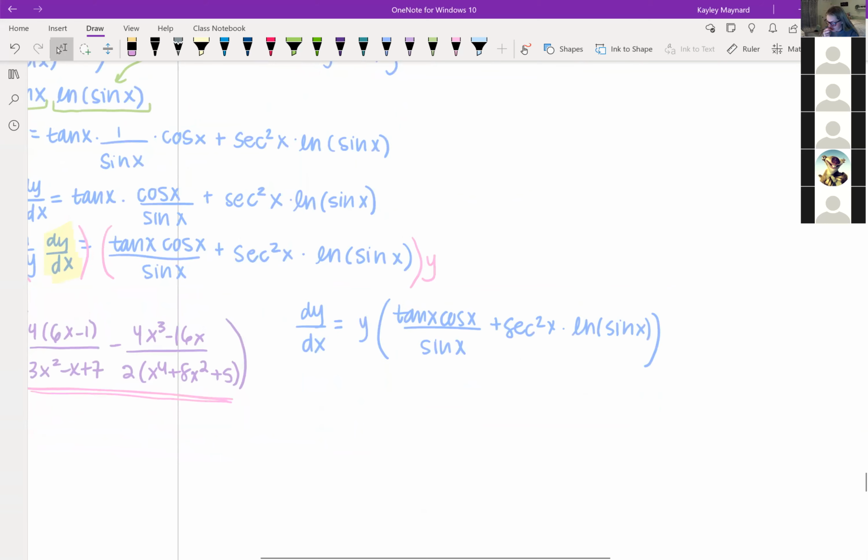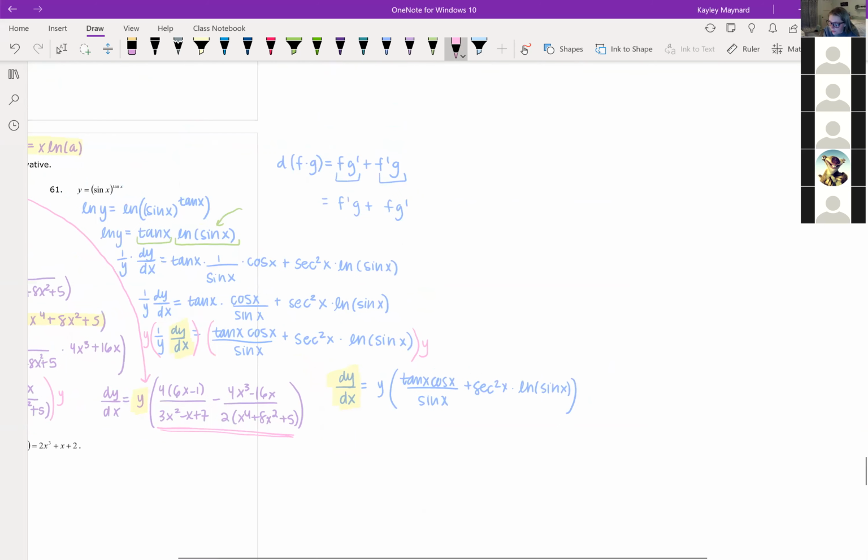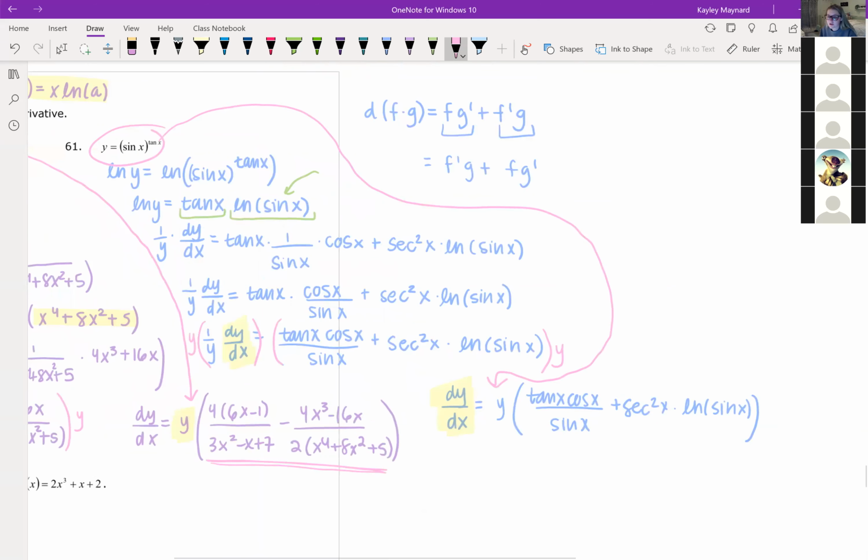So now we've solved for dy dx because we implicitly differentiated. And then just like on the last problem, your last step is to plug in the function that you started out with, so plug in what y is for y. And then you're done. So to recap, there are a few steps for logarithmic differentiation mixed with implicit.